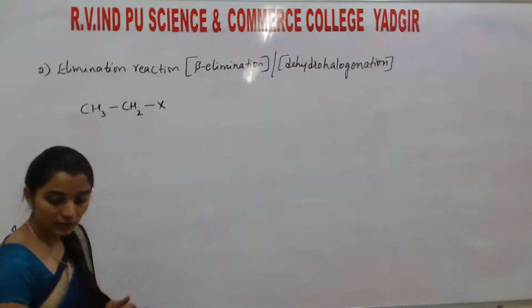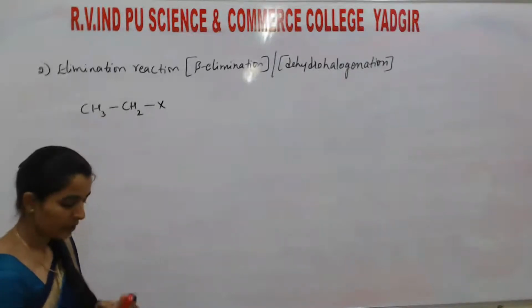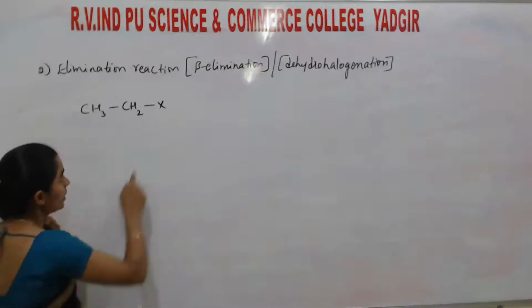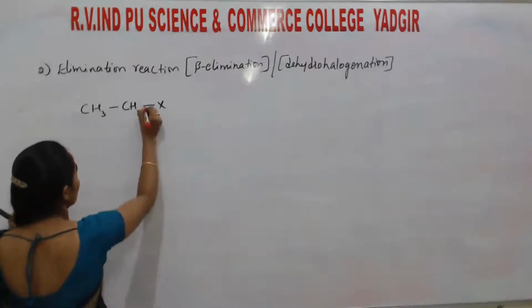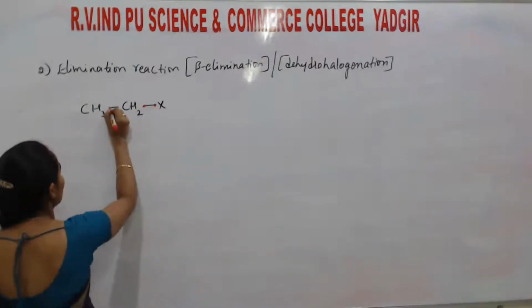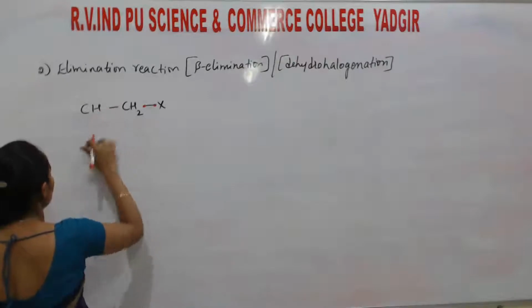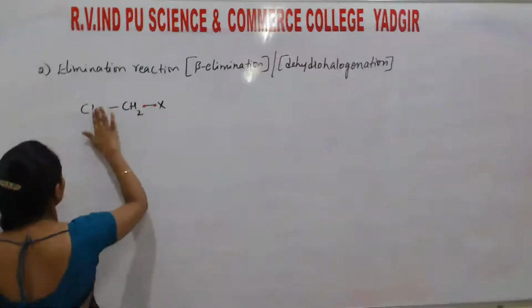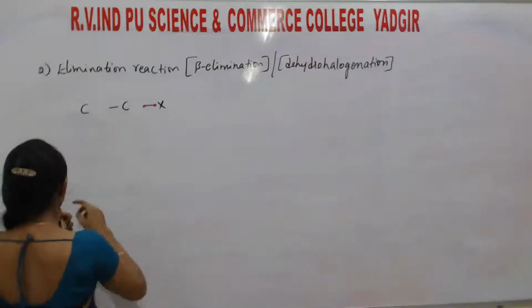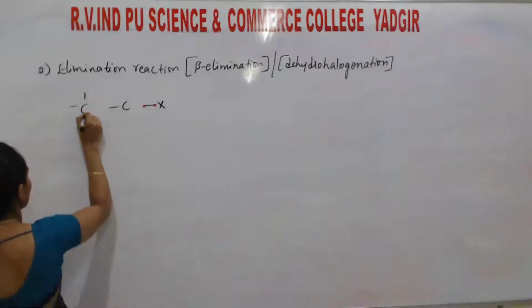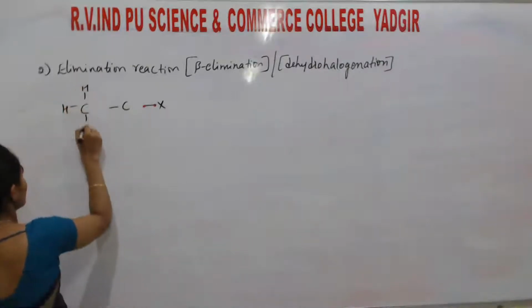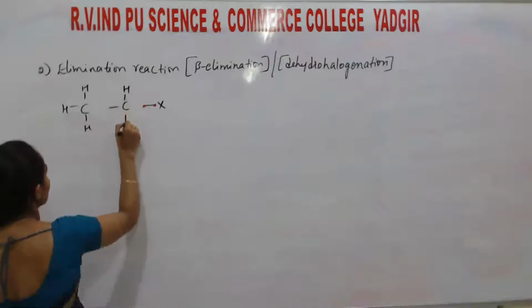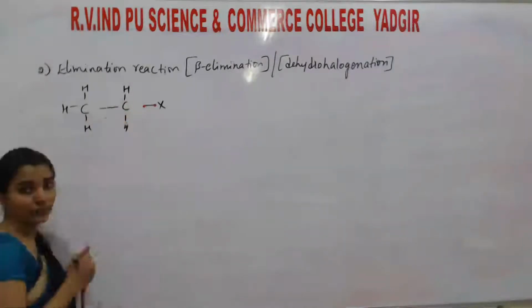Okay. So listen, why it is called as beta elimination: here is a nucleophile, and here I write H, H, H, H. Correct?